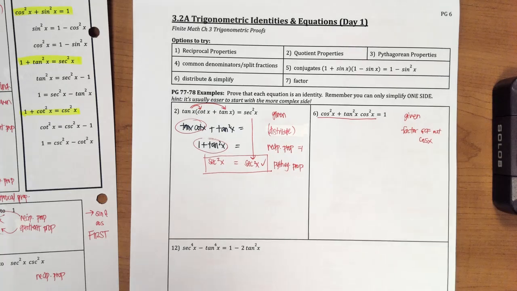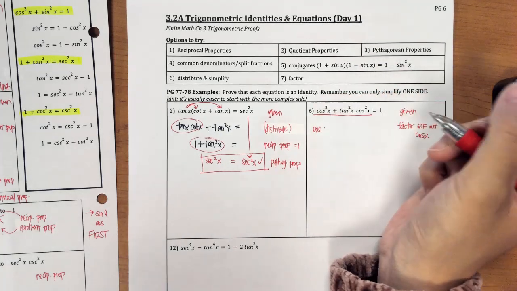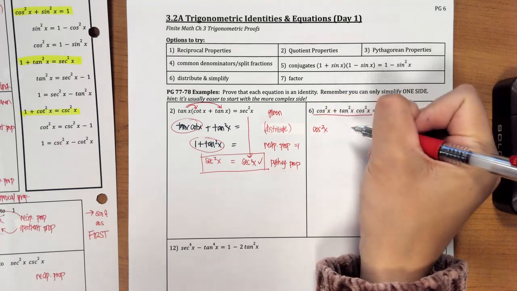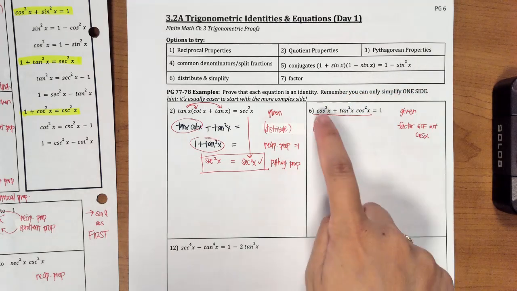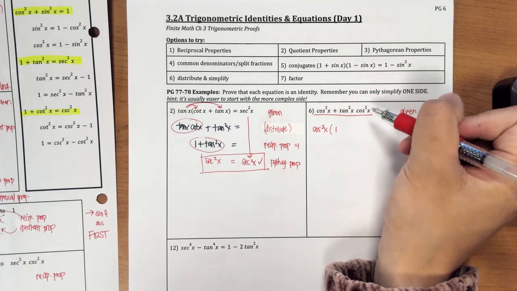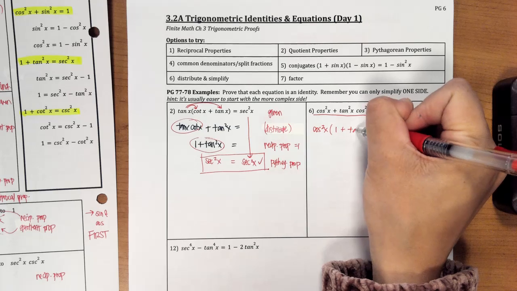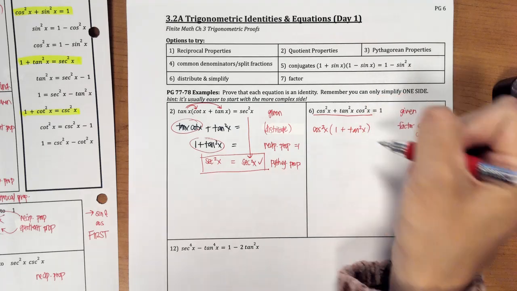So what I'm going to do is write it with cosine squared x, apologies. And if I divide this one by cosine squared x, that leaves me with 1. And if I divide the second term by cosine squared x, I'll have plus tangent squared x.